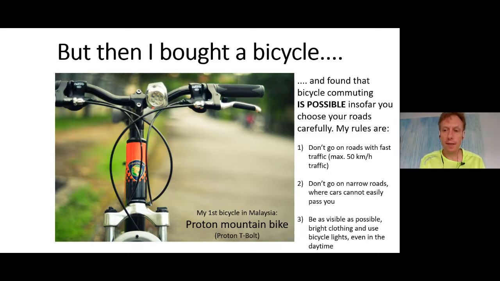I basically found out that if I choose my roads carefully, so that means I don't go on roads with fast traffic, because I think the biggest risk is to be hit from behind by a car that doesn't expect you to be on the road. And I also don't like to go on narrow roads where cars cannot pass me easily, so you might be sort of run off the road. And then try to be as visible as possible with lights and bright clothing.